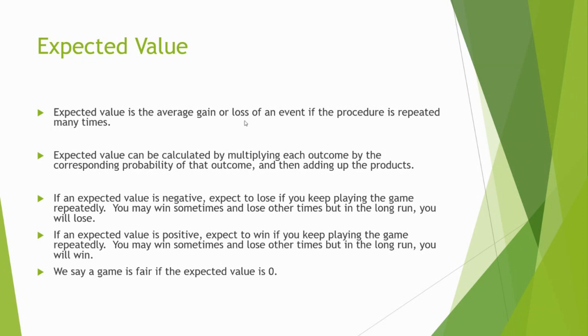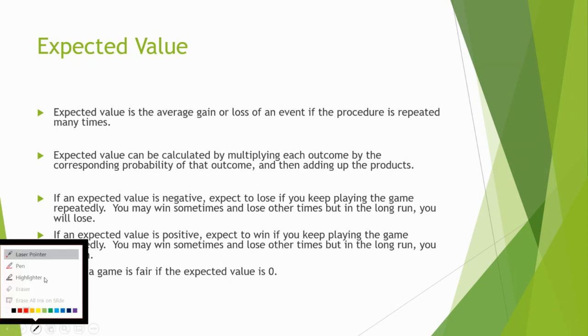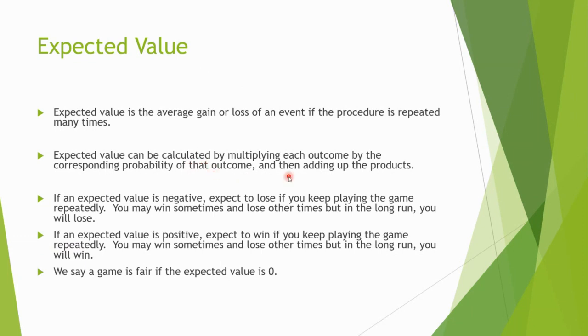They go through intuitively why expected value is what it is, although I really did not like what they were saying, so that's why I'm trying to do it this way. Basically, if you keep repeating the experiment over and over again, expected value is really what it sounds like: how much you expect to gain or lose in the long run.